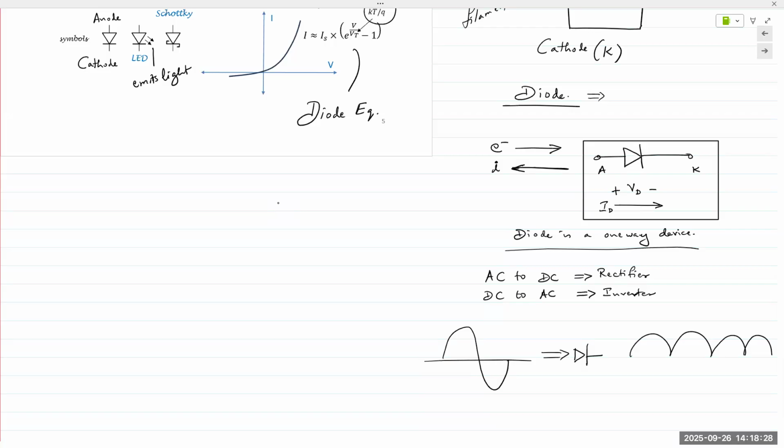The flip side of those is a diode that has light fall on it. So you'd say it receives light. And these are known as photodiodes.